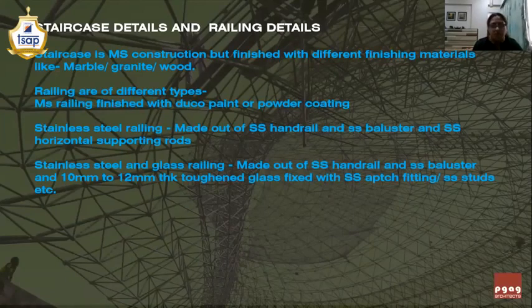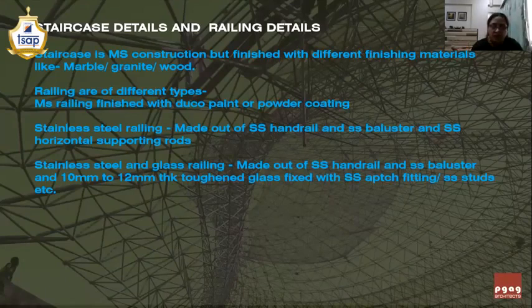Then the baluster is made out of which material? Is it again stainless steel? Then you need to write the thickness or the diameter of the vertical baluster and the SS horizontal supporting rods. Suppose you are using SS horizontal rods which are circular in shape, maybe 32 mm diameter.